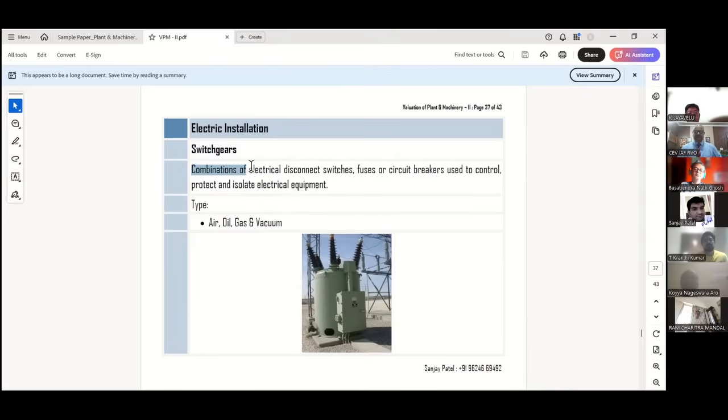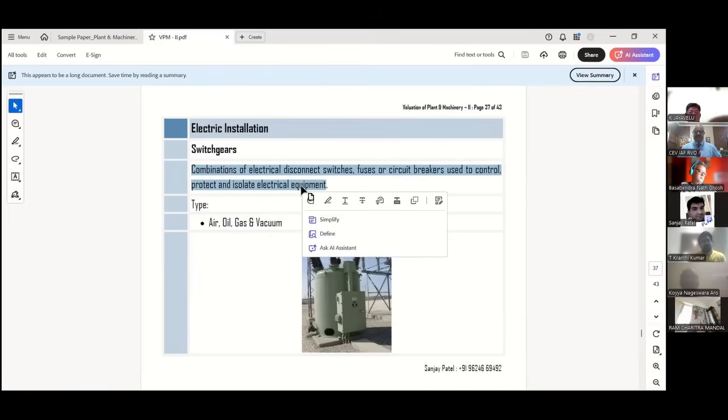It is a combination of electrical disconnect switches, fuses, or circuit breakers used to control, protect, and isolate the electrical equipment. So normally, whenever there is an input of electricity to the factory premises, you find the switch gears, after or before the transformer.